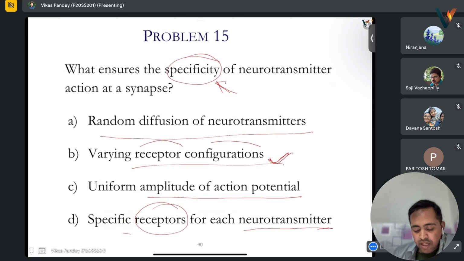Is it synaptic vesicles, acetylcholine, action potential, or sarcoplasmic reticulum? It's acetylcholine, sir. So it causes the release of calcium, which in turn leads to muscle activity.